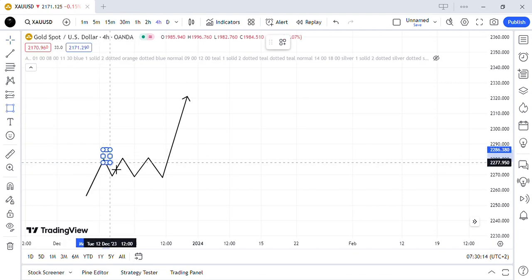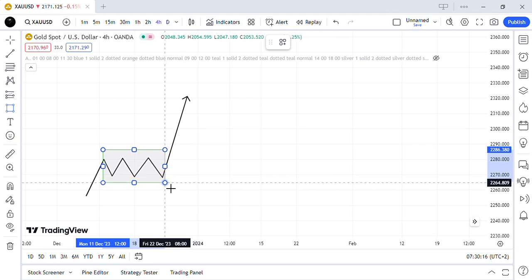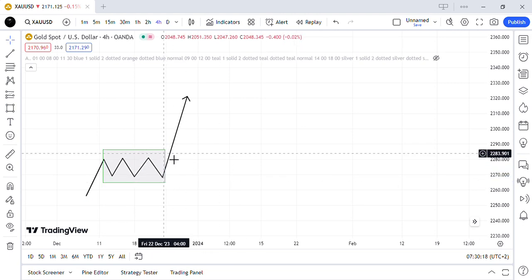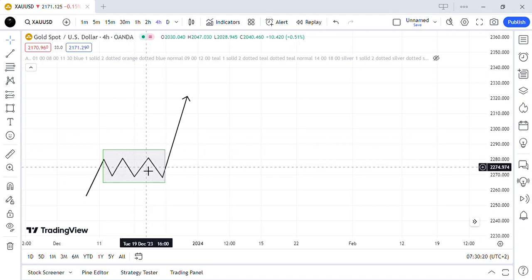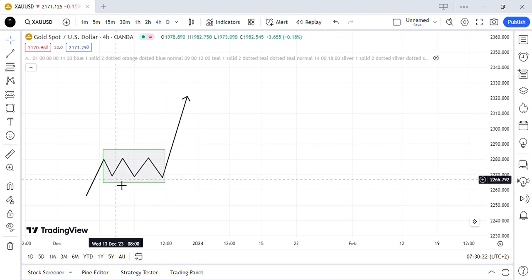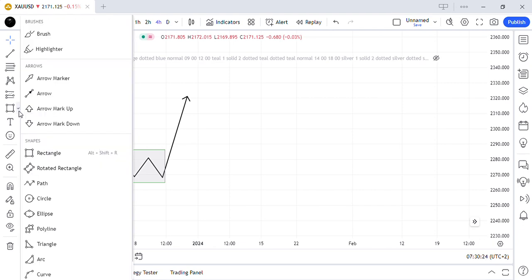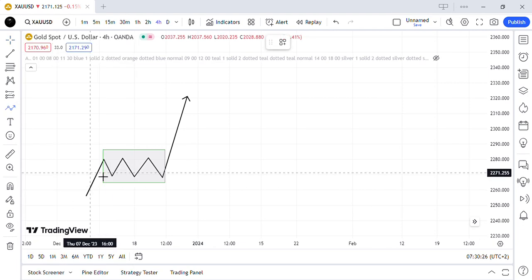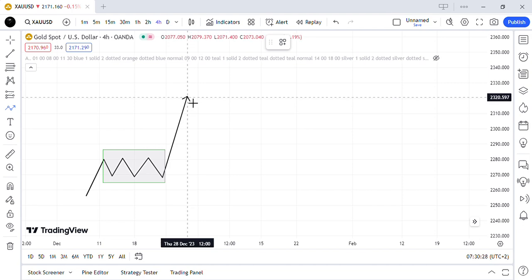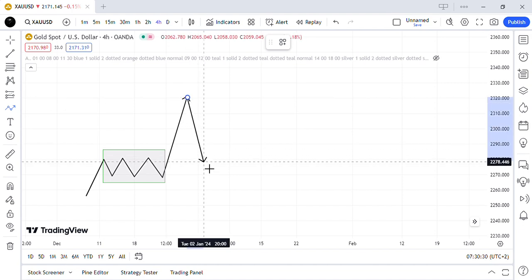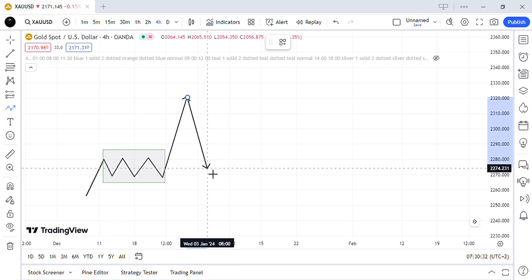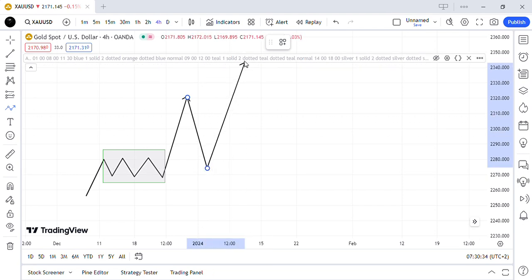The market was moving up, then it consolidated for a while here. All this is consolidation. So what do we wait for? We wait for something like this, a pullback, looking for buys for sure. The market must come back, tap there, and continue to the upside.